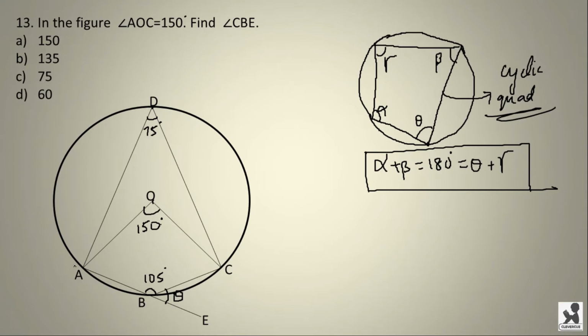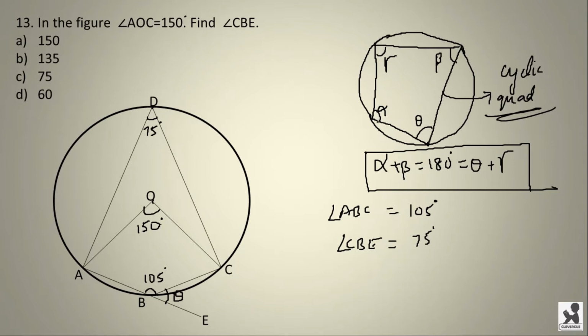So we get that angle ABC is 105 degrees, and from here angle CBE can be easily calculated, which is 75 degrees.